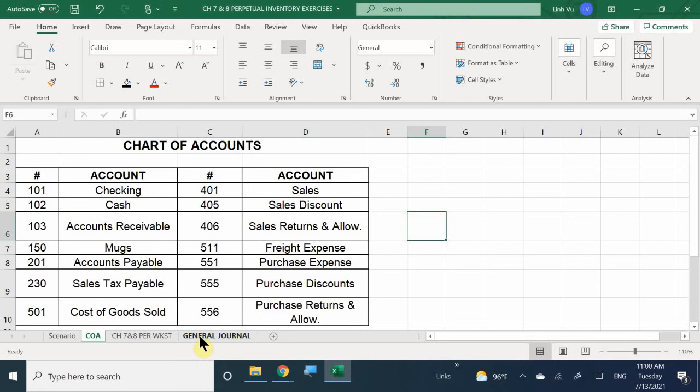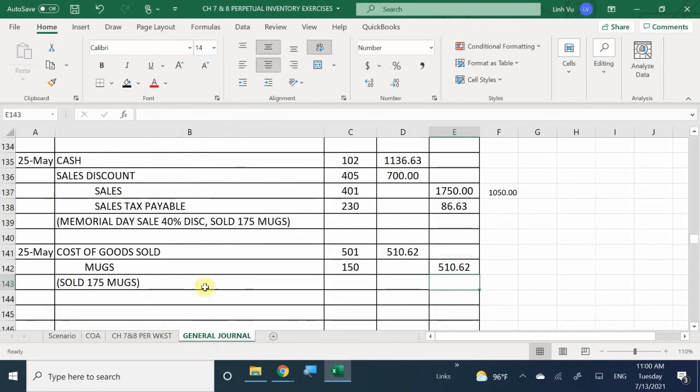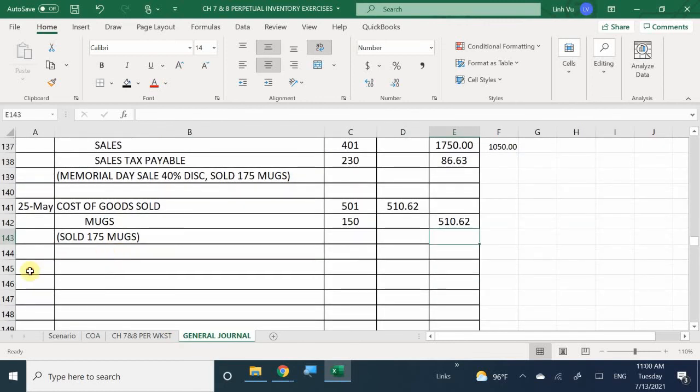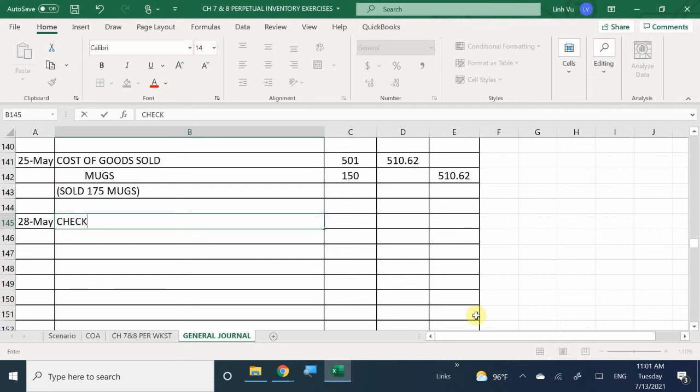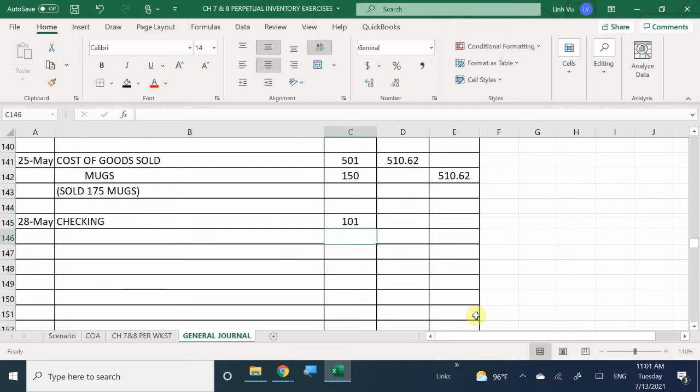In this case, it goes straight to checking. So here I have my journal. It's going to go straight to my checking account, which is account number 101.